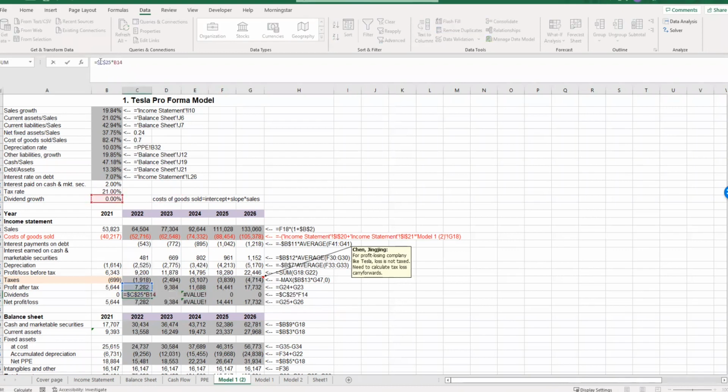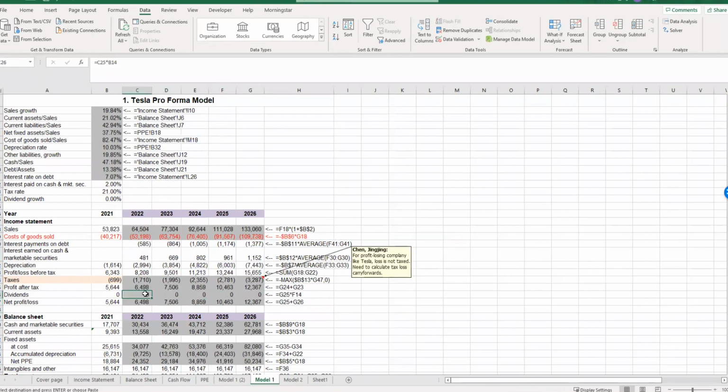I fixed the wrong one. Okay, and I believe here also needs to be changed. Okay, good.